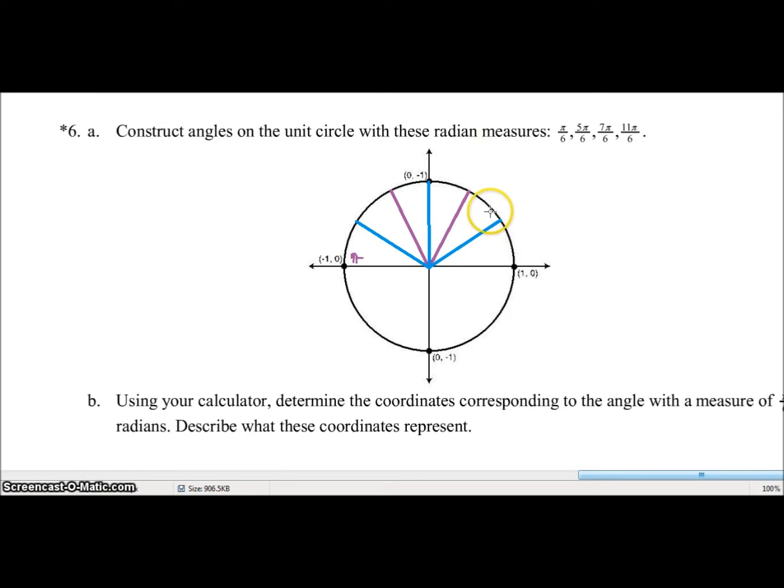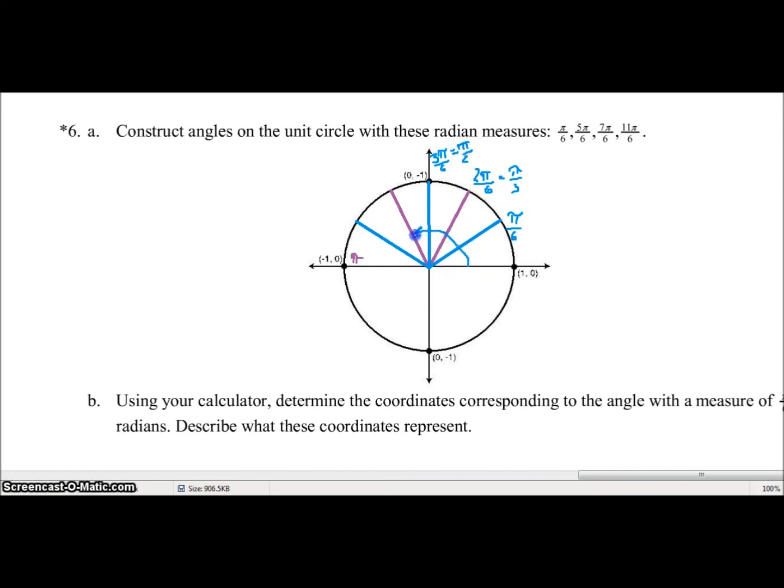And so now, from here to here, this angle is pi over 6. Then if we go here to here, this one is 2 pi over 6, the same as pi over 3. If we go from here to here, that is 3 pi over 6, or the same as pi over 2.